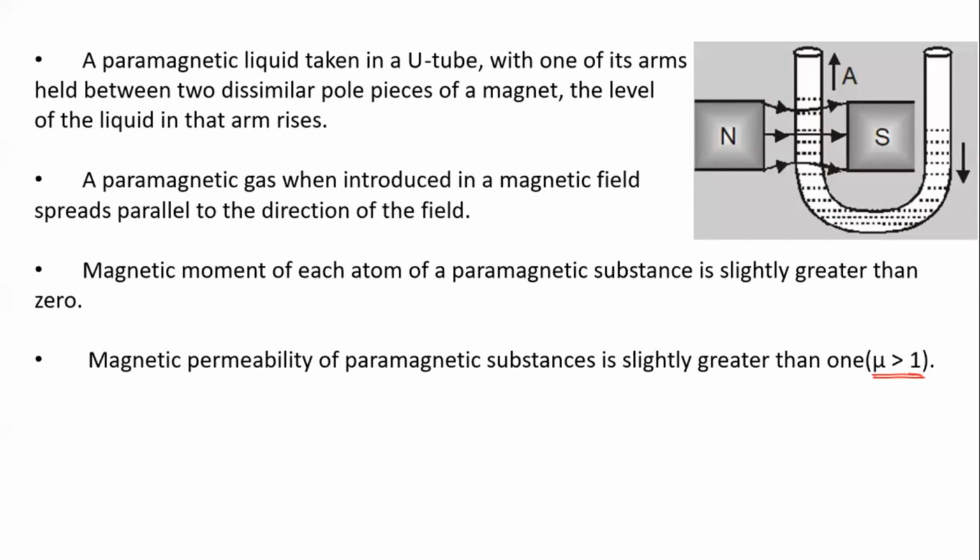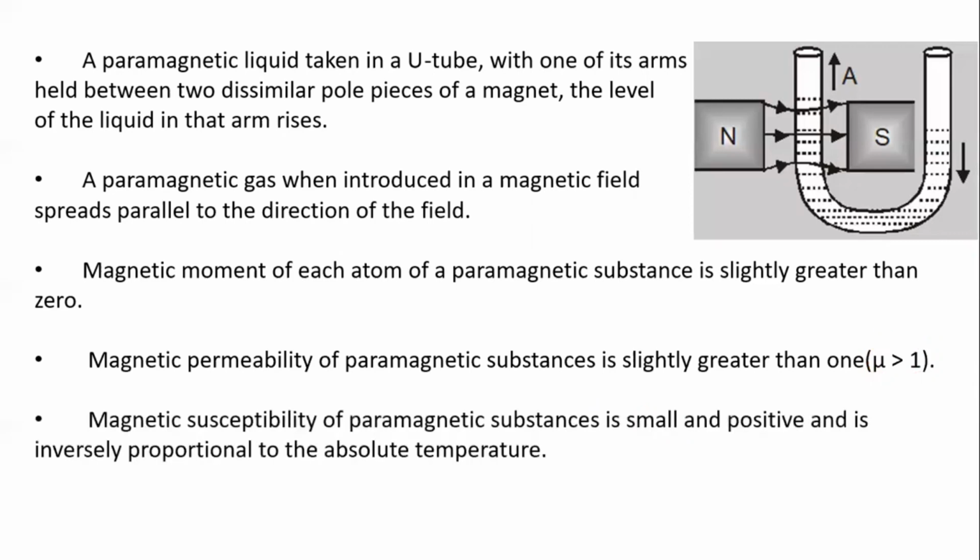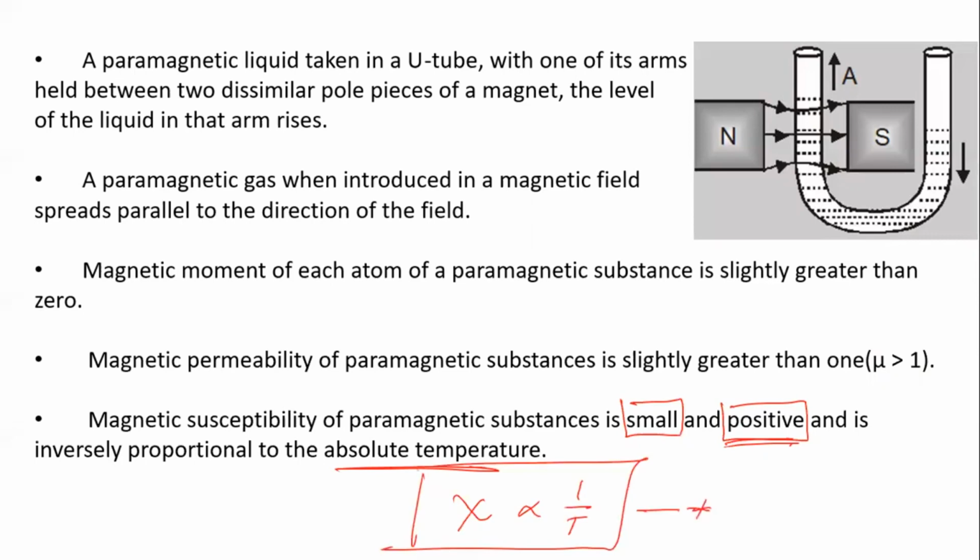You remember it: if magnetic permeability is 1.2, then the substance is paramagnetic. Magnetic susceptibility is small and positive. In case of diamagnetic, it is small and negative, but here it is positive, and it is inversely proportional to absolute temperature. Remember this relation for solving problems also. Susceptibility and temperature have an inverse relation.